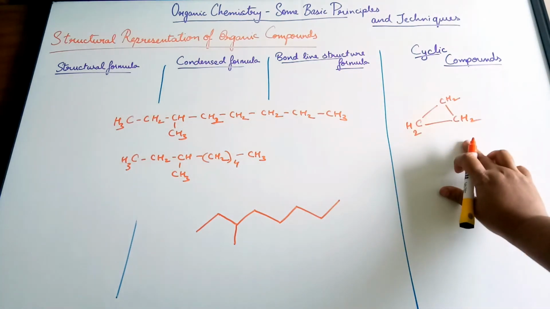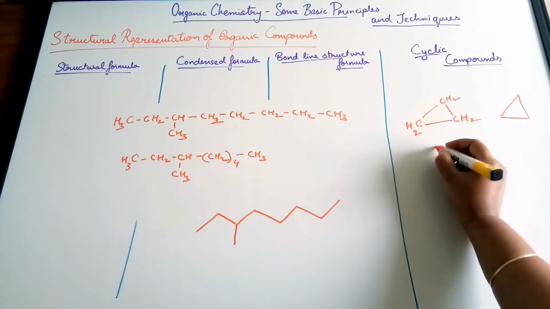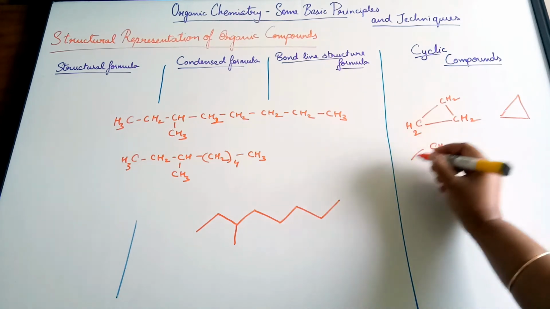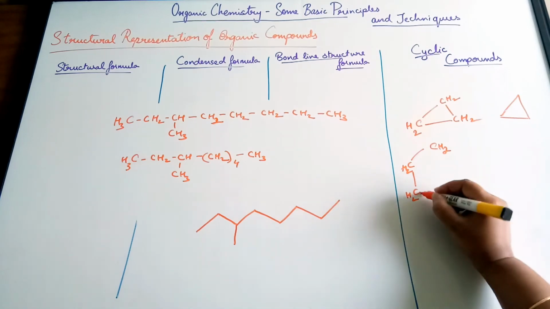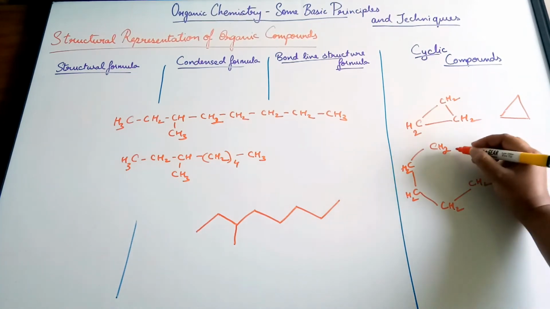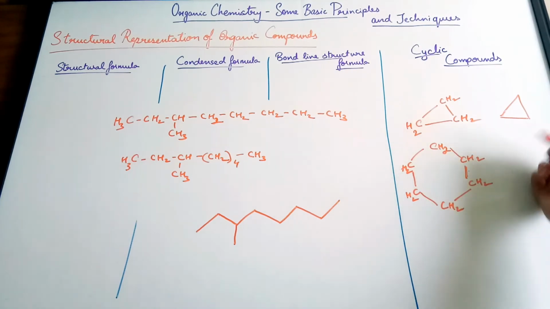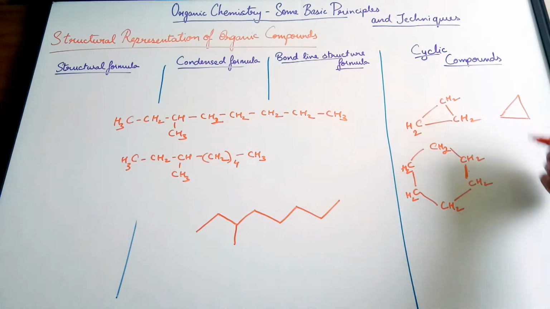Now this is simplified and written as a triangle. Similarly, with 6 carbons you have cyclohexane.